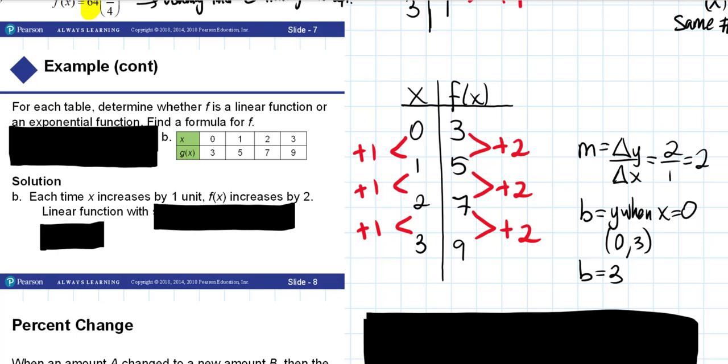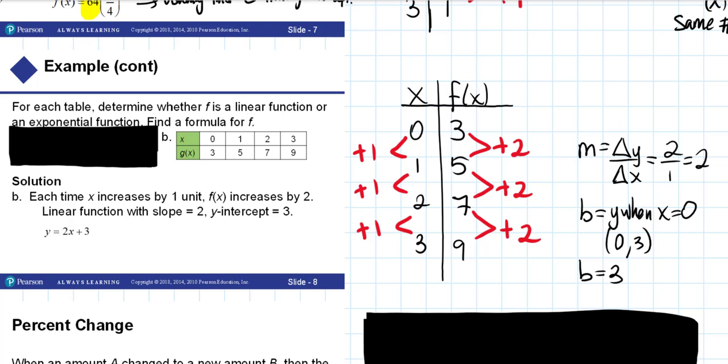So the coordinate 0, 3, that's when x is 0, so your y-intercept, b, equals 3, which is what they have written here. Slope of 2, y-intercept of 3. So then you can write that in the form y equals 2x plus 3. Give people a second to get that down, or to pause it and process and rewind if you have to.